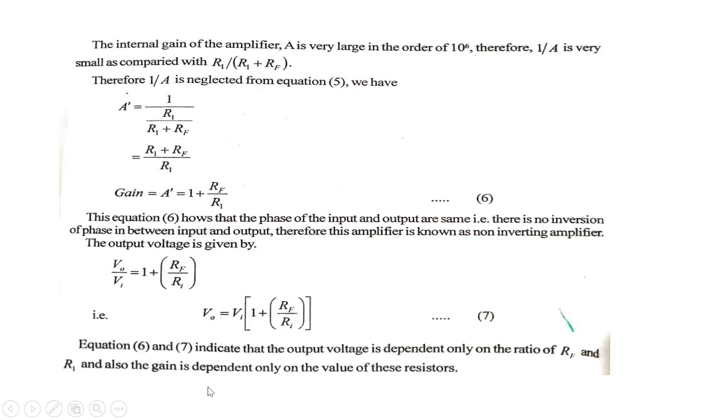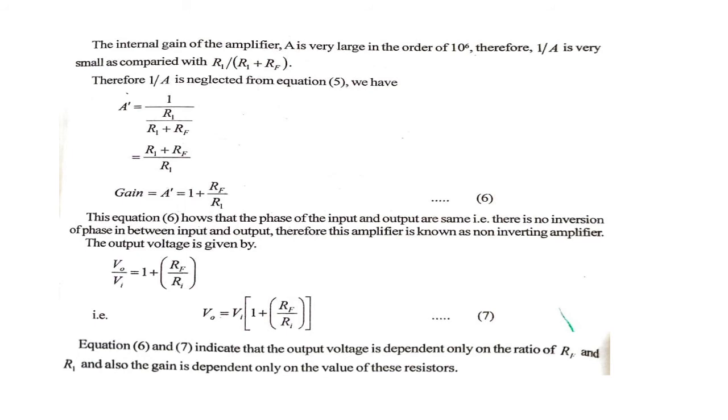The internal gain of the amplifier A is very large, in the order of 10 raised to 6. Therefore, 1 upon A is very small as compared with R1 upon R1 plus Rf, so 1 upon A is neglected from equation 5. We get A dash equal to 1 upon R1 upon R1 plus Rf, that is equal to R1 plus Rf upon R1.